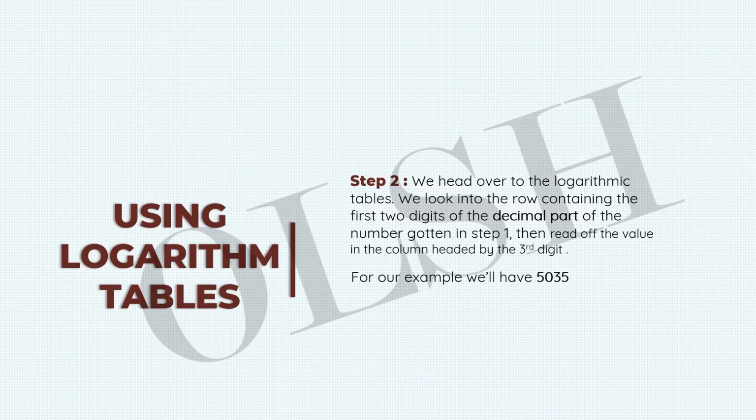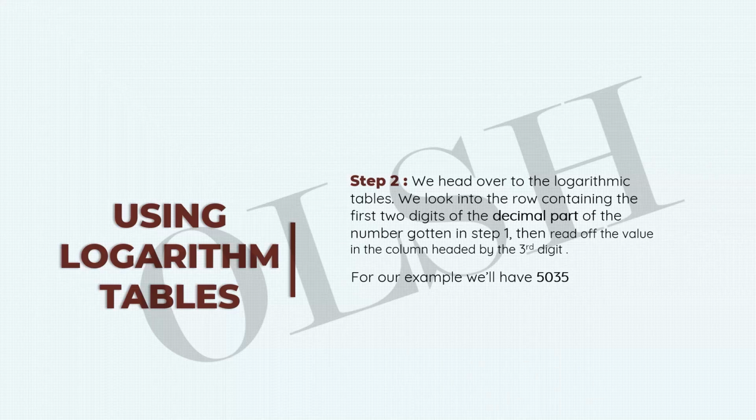first of all, we have 0.7027 as our decimal part. So we take the first 2 digits, that is 0.70. We take those first 2 digits into the logarithm table and we look for the row containing it. Once we get that, we now read off the value in the column headed by the 3rd digit, which is 2.